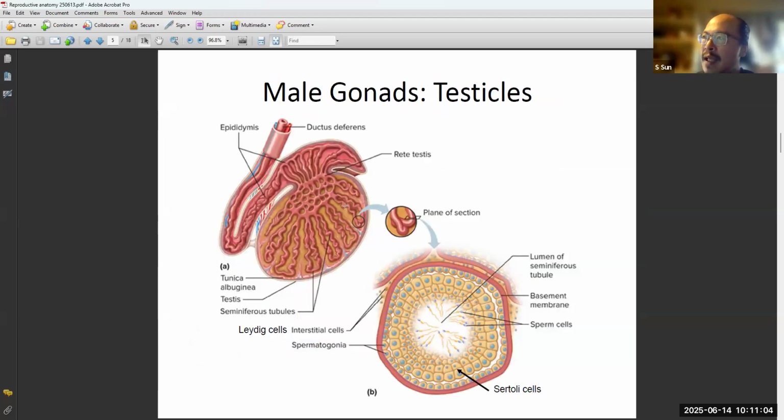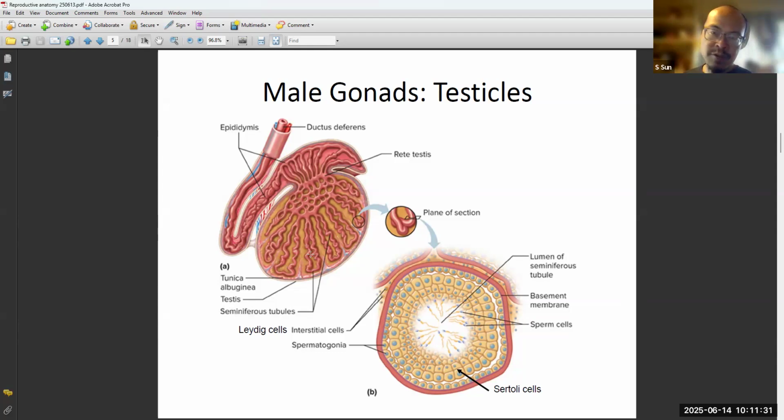If we look at the testes or testicles, what do we see? Inside these testes, there are many tubes. This tube has a name. It's called the seminiferous tubule.